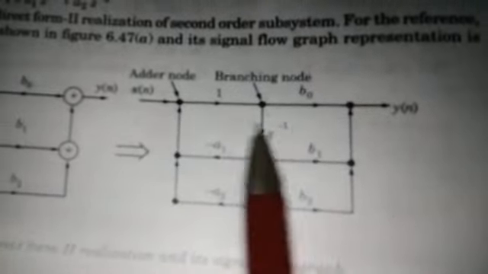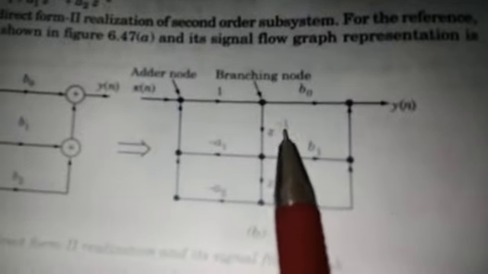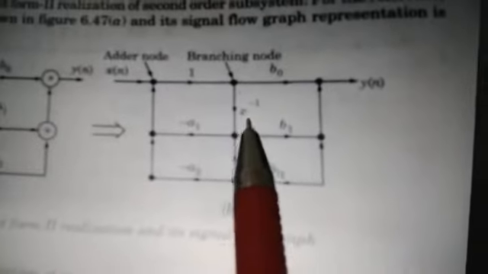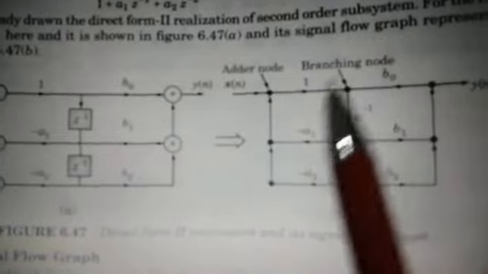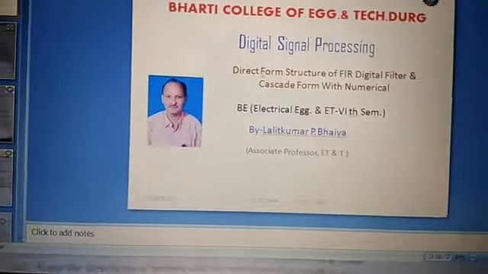So this structure represents the signal flow graph. One can draw the structure of the filter like this, or in terms of the signal flow graph. Both are the same type. You can use either for the filters.